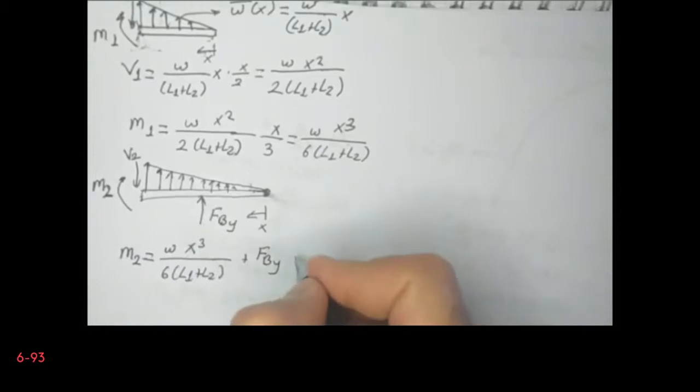So this distance is x minus L2. And remember that the value for the FBY is 0. Now, this expression tells me something.